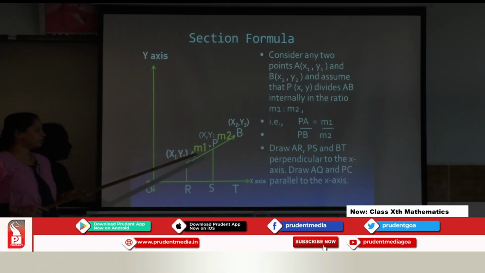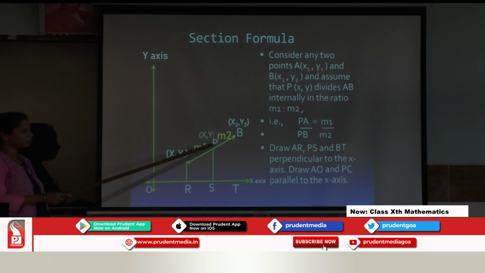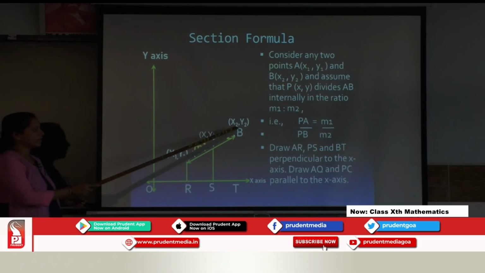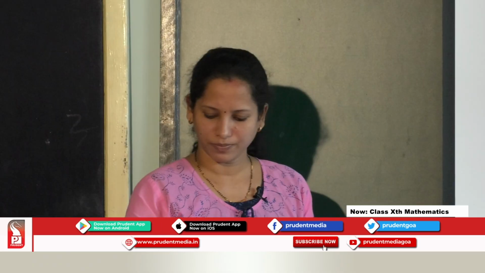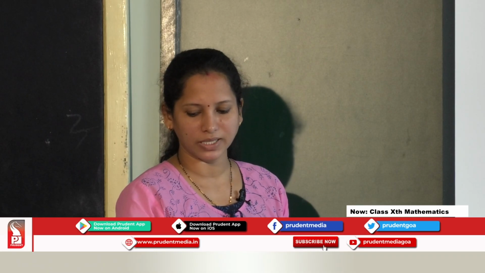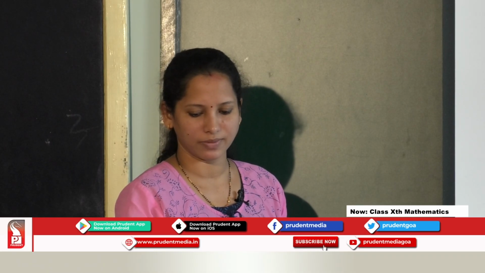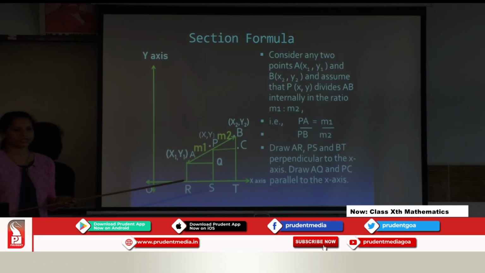So now here we have to draw the perpendicular from A to the x-axis, from P to the x-axis and from B to the x-axis, which meets at R, S and T respectively. And also we have to draw AQ and PC parallel to the x-axis. So now again we got here two triangles, triangle PAQ and BPC, which are similar triangles.